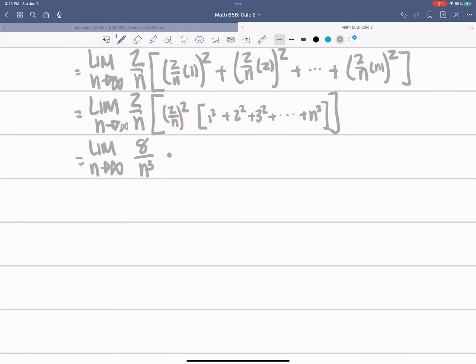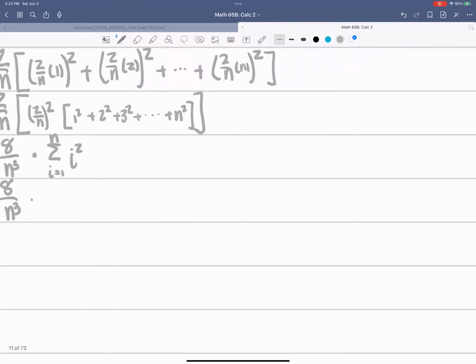And we're multiplying all of that with the sum as i goes from 1 to n of i squared. And we have a formula for that one. So let's add that in. Limit as n approaches infinity, 8 over n cubed.